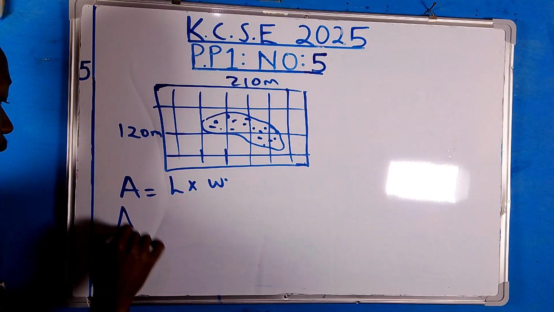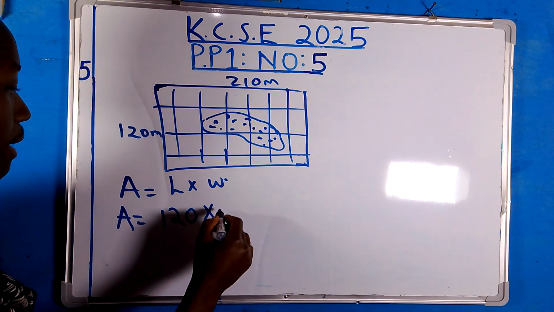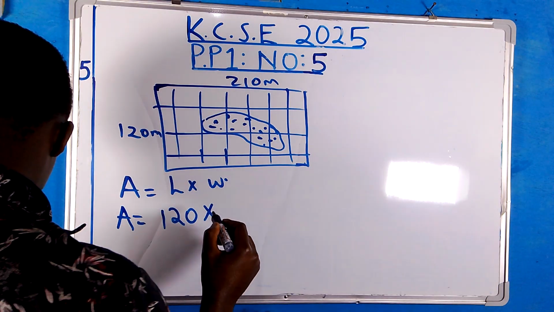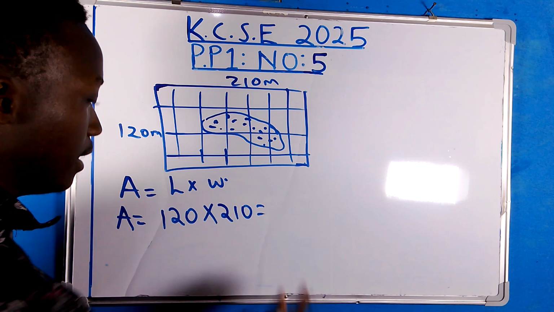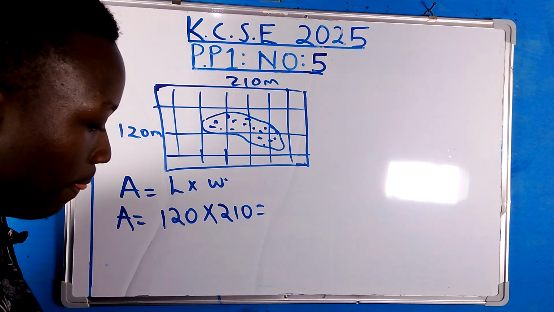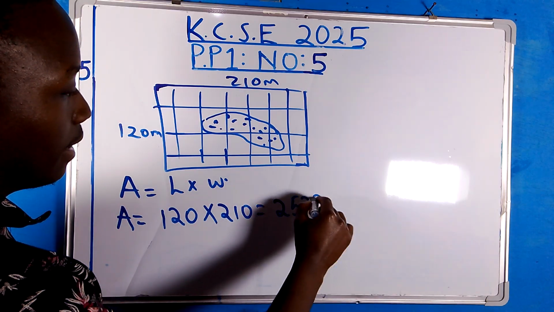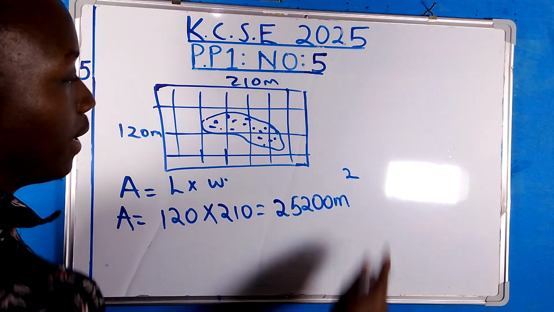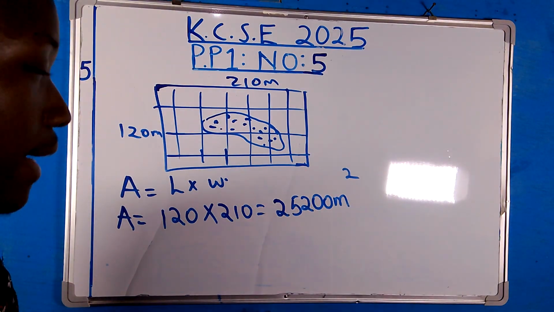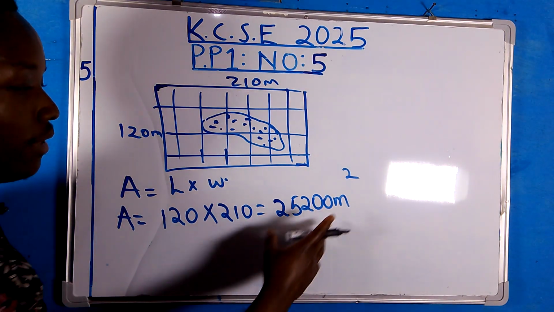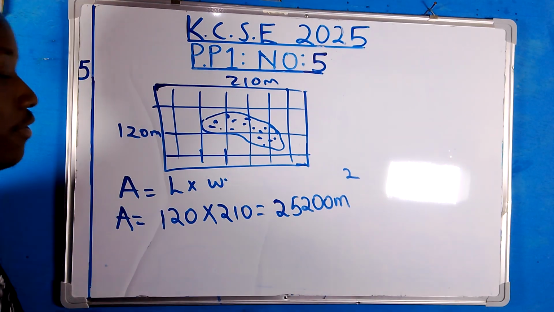So our area will be equal to 120 multiplied by 210 meters, and that is going to give us 25,200 meters squared. So that is the actual area on the ground, but we have been told to find the actual area that is not flooded.